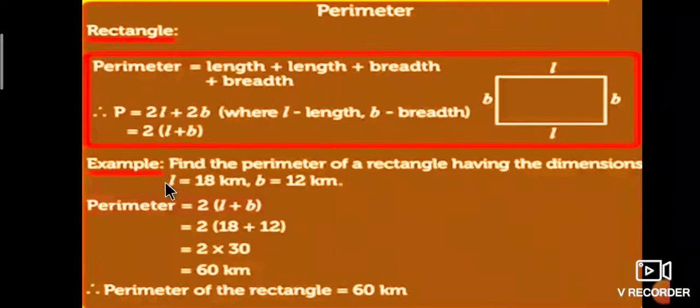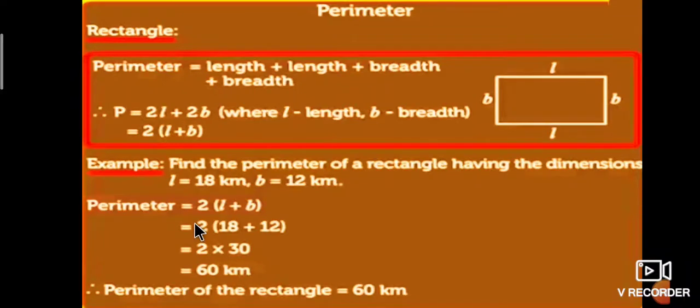For example, find the perimeter of a rectangle having the dimensions L is equal to 18 kilometer and breadth is equal to 12 kilometer.